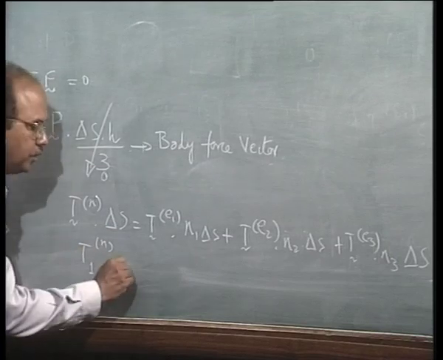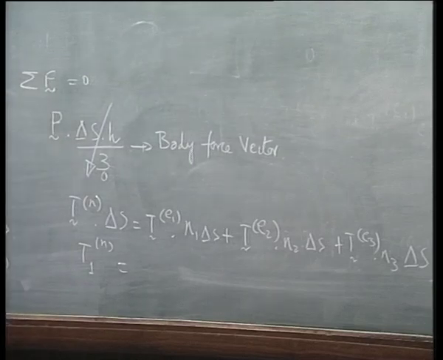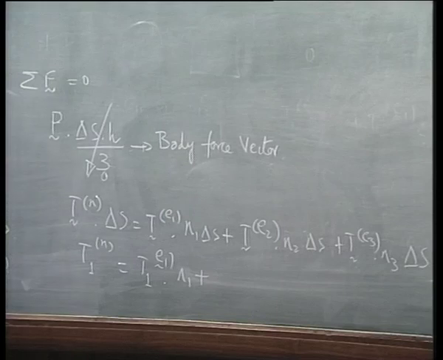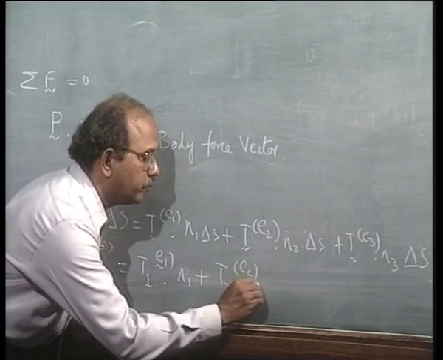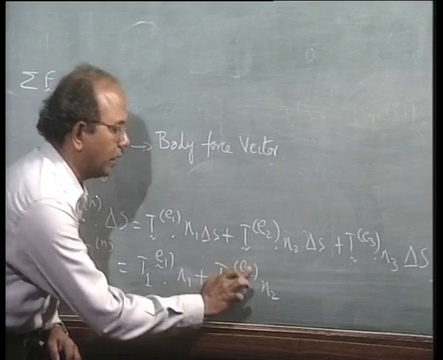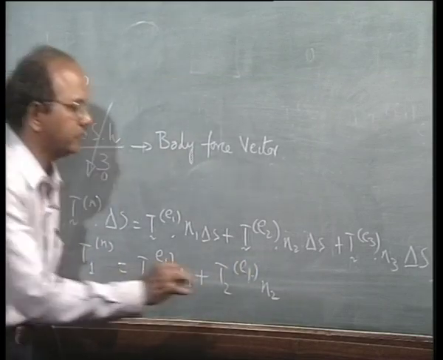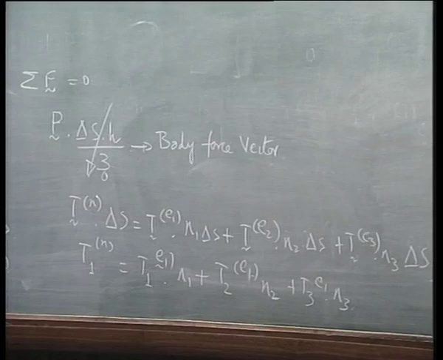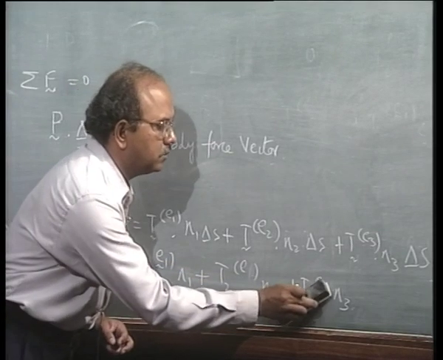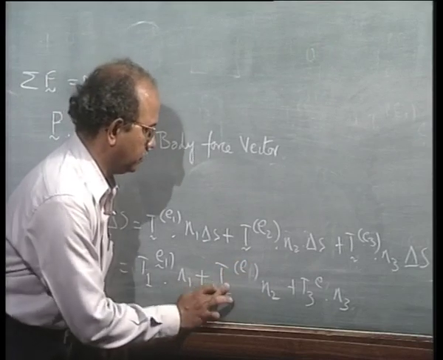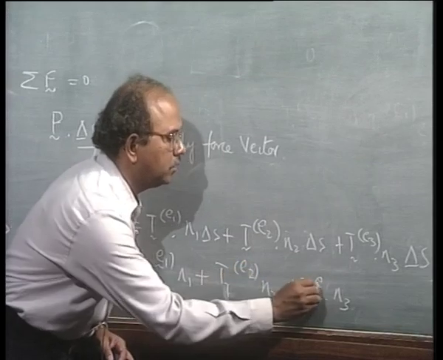T1 n is equal to T1 E1 into N1 plus T1 E1 into N2 plus T1 E2 and T1 E3, sorry, both of them are T1 E2 and T1 E3.